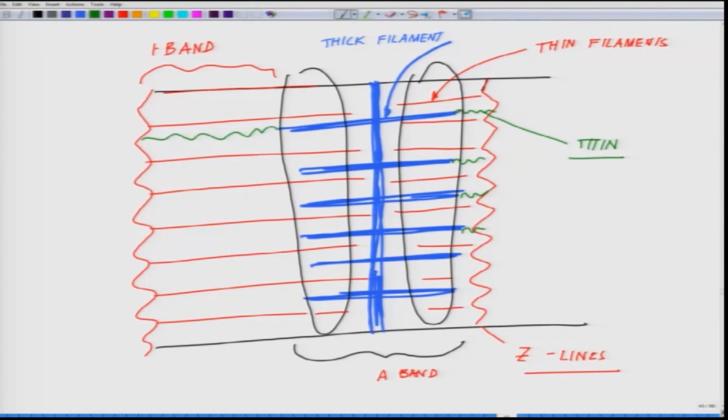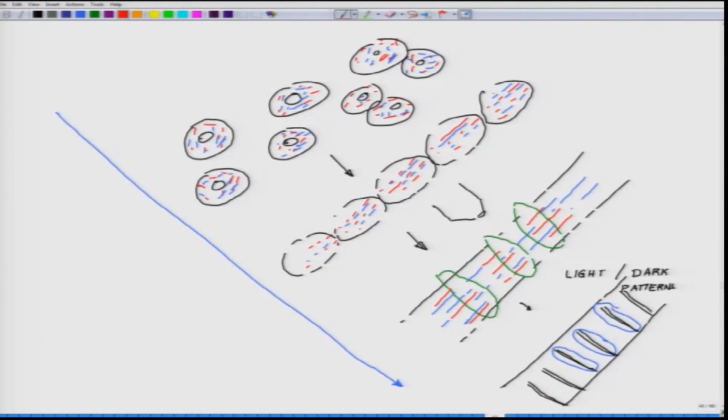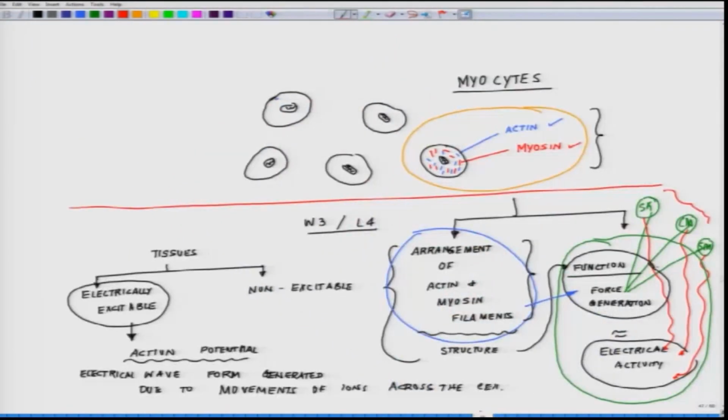Now, what are those thin and thick filaments? These thick filaments are myosin proteins, and these thin filaments are actin proteins. Now, going back to this structure, how did we mark it?